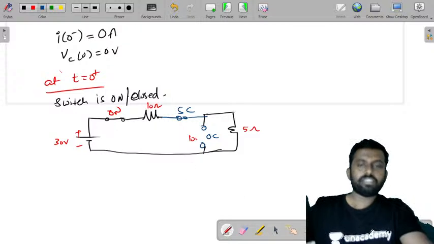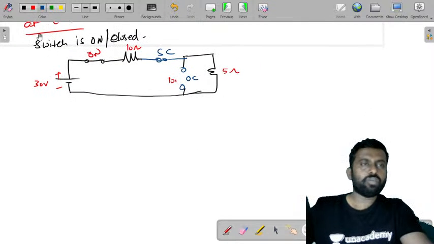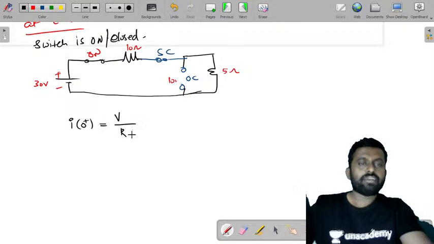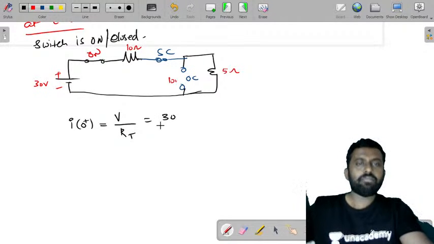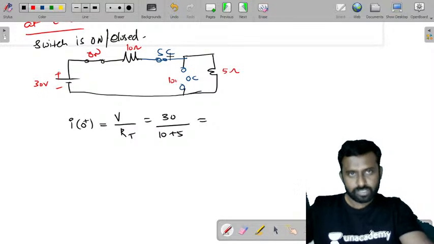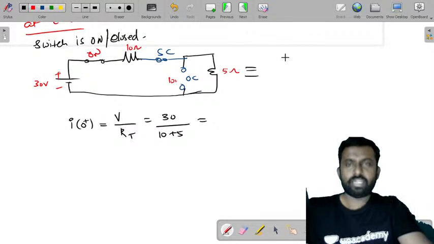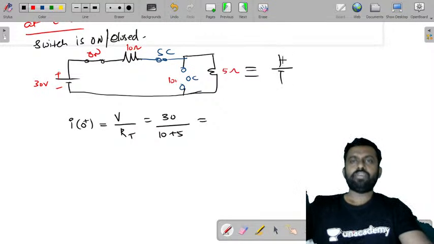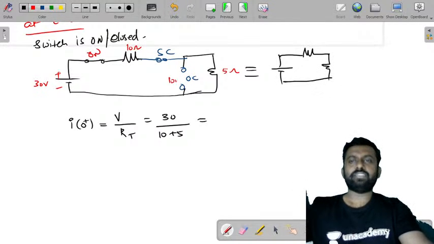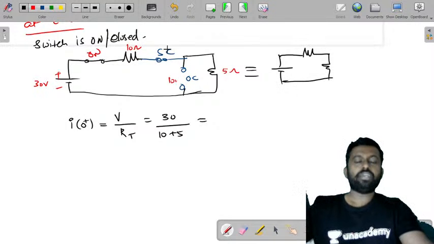Now, with this, just try to write the equations. What is I of 0 plus? I of 0 plus will be V by R total. What is V? 30, by R total, 10 plus 5. When this is short circuit, we'll also draw its equivalent. You have a voltage source, a resistor and a resistor. This is open and this is short.